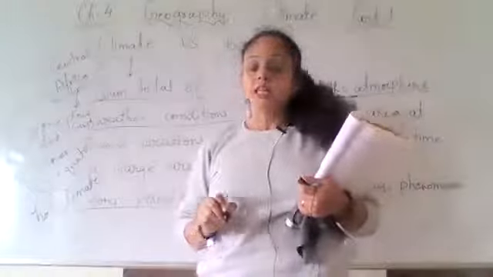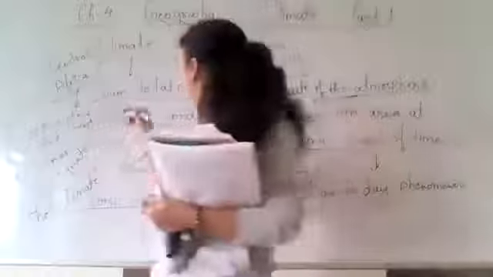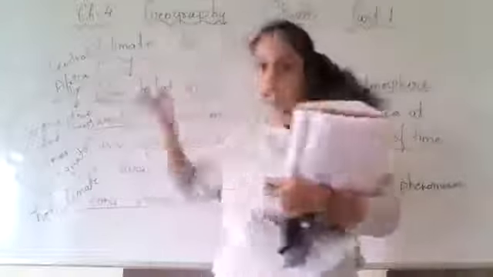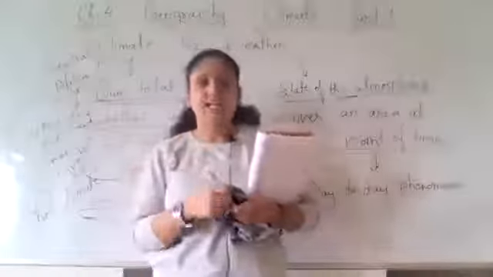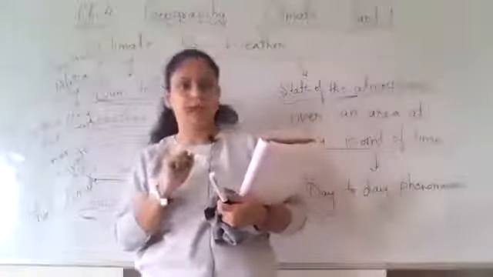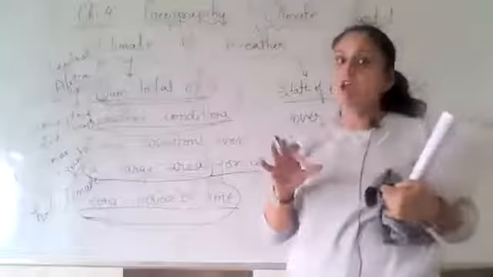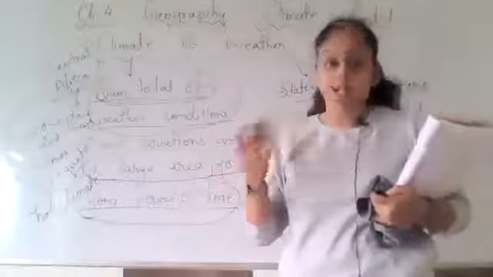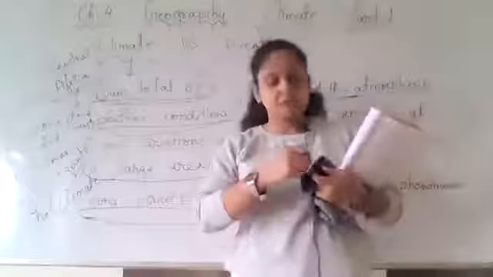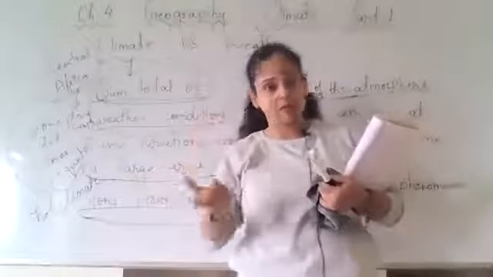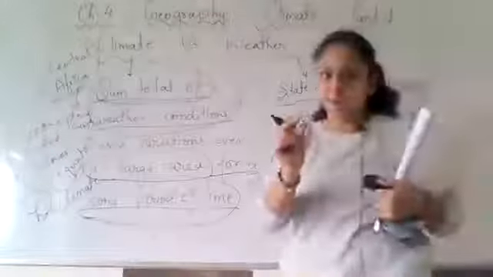That means basically if the average is taken, if the sum of the weather conditions is done. I was explaining that Central Africa is near to the equator, and that is why it is having a hot climate, an equatorial climate. So what does that mean? You cannot say hot weather, because weather is for a short time.